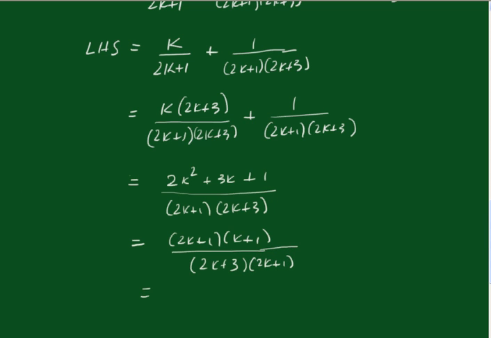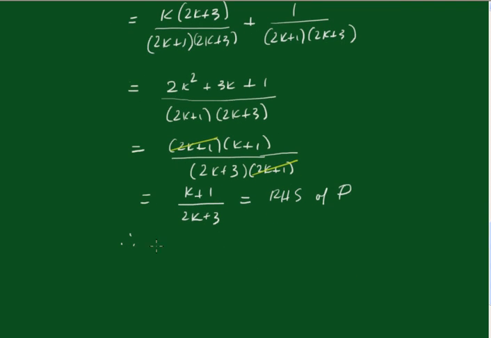Okay, now what you can see is that the 2k plus 1s cancel out, and you get k plus 1 over 2k plus 3, which equals the right hand side of that statement P.